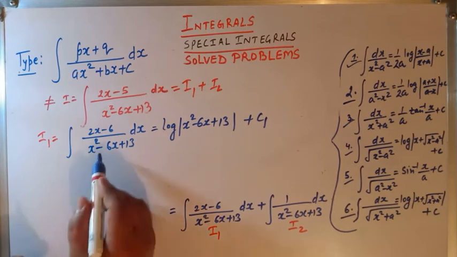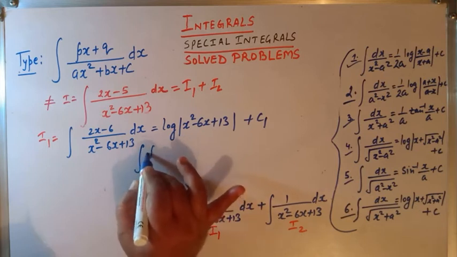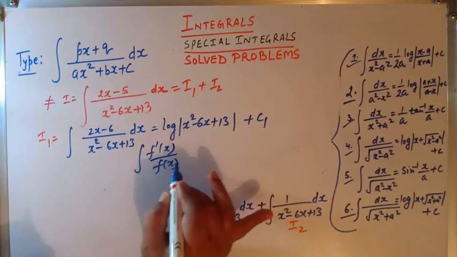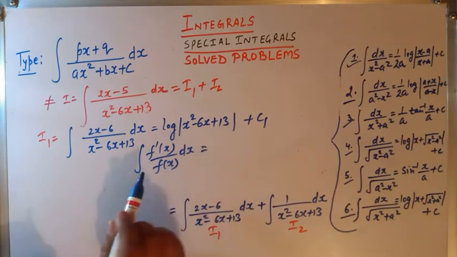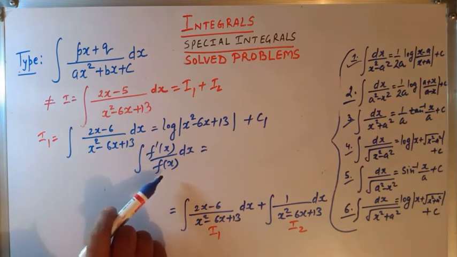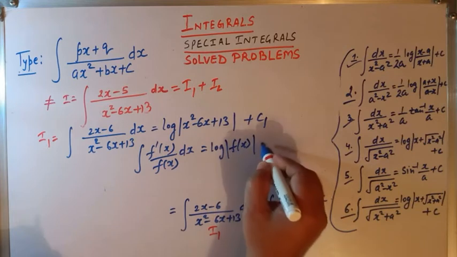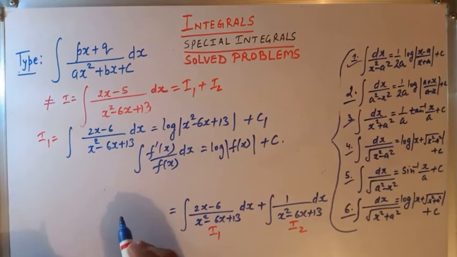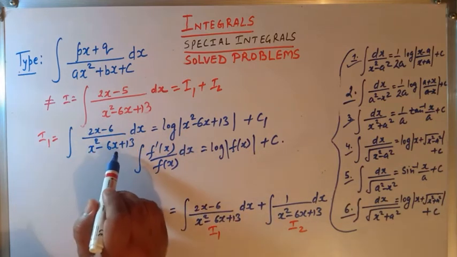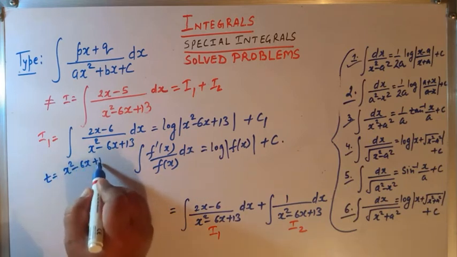Clear? Because we know that if we have an integral of f prime of x divided by f of x dx, and the numerator is the derivative of the denominator, then it can directly be written as log of f of x plus c. Clear? We can also evaluate this integral by putting t equal to x square minus 6x plus 13.